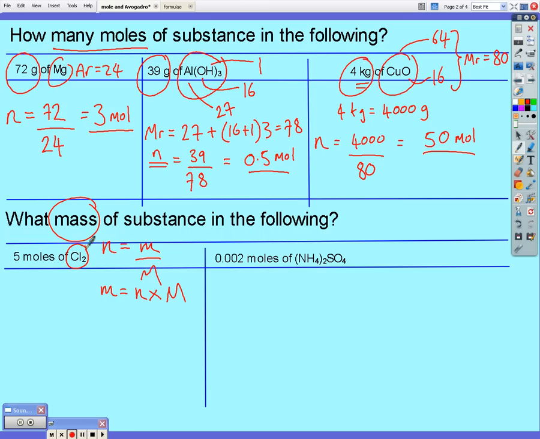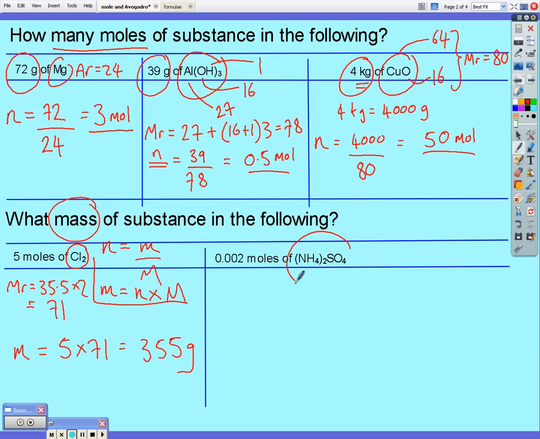Remember Mr. Brinkelhoff? Diatomic gas, so its Mr is 35.5 times 2, which is equal to 71. So the mass we have will be equal to 5 multiplied by 71, which is 355 grams.